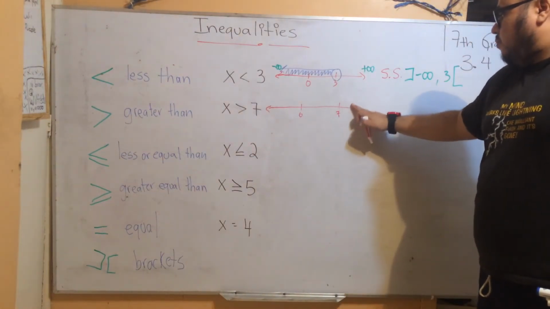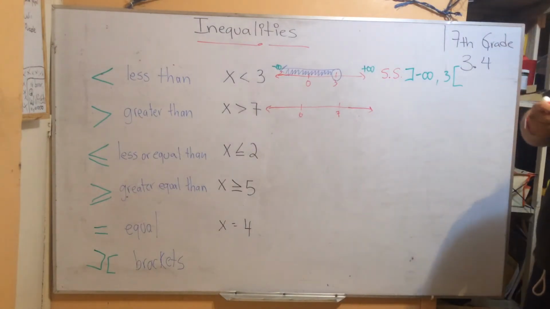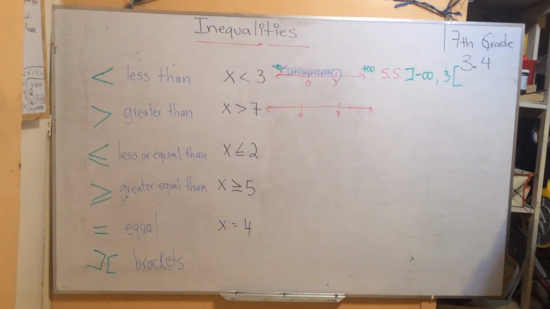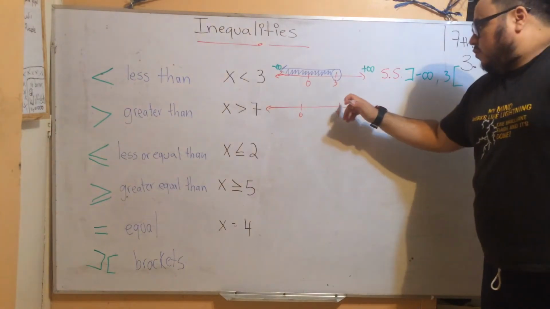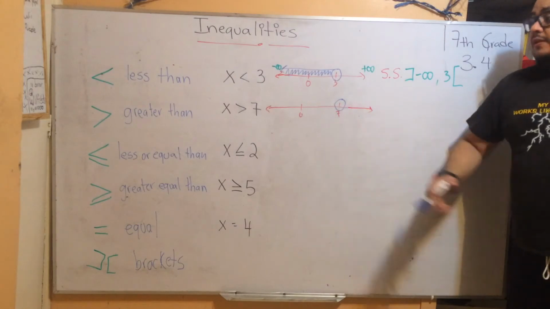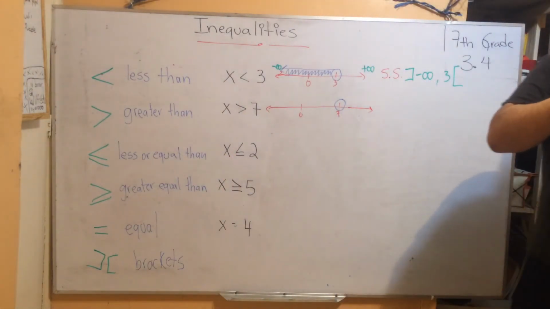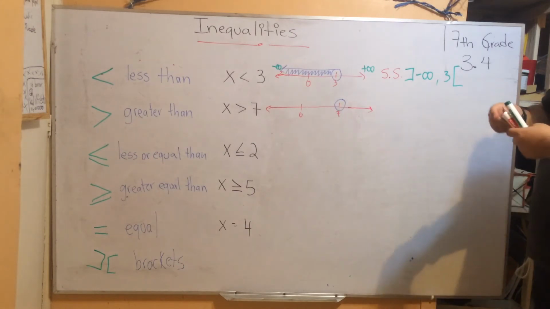We're going to need a little more space. First we place the value that we're looking for, and it's going to be open because we're only looking for the values that are greater than 7.